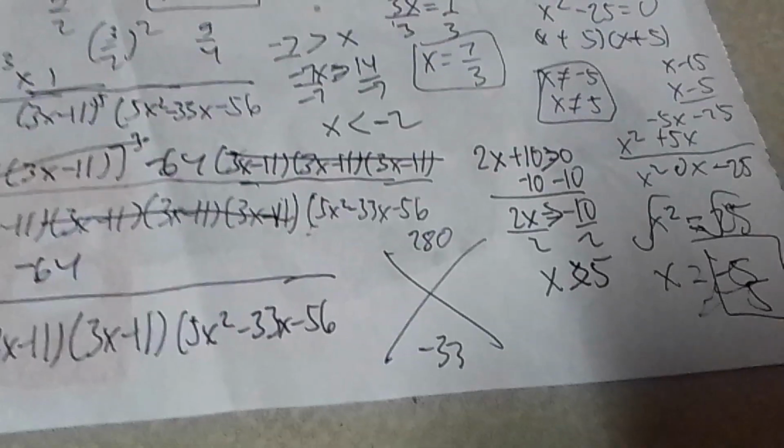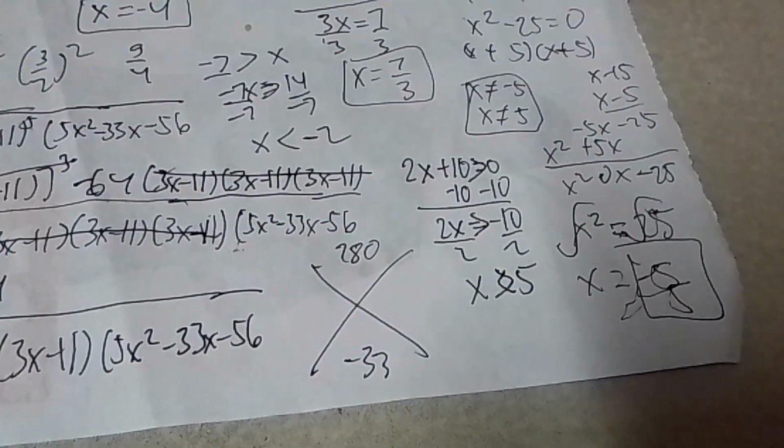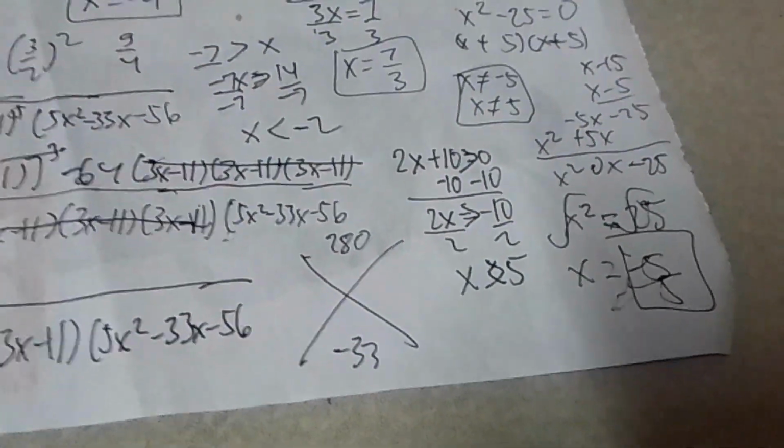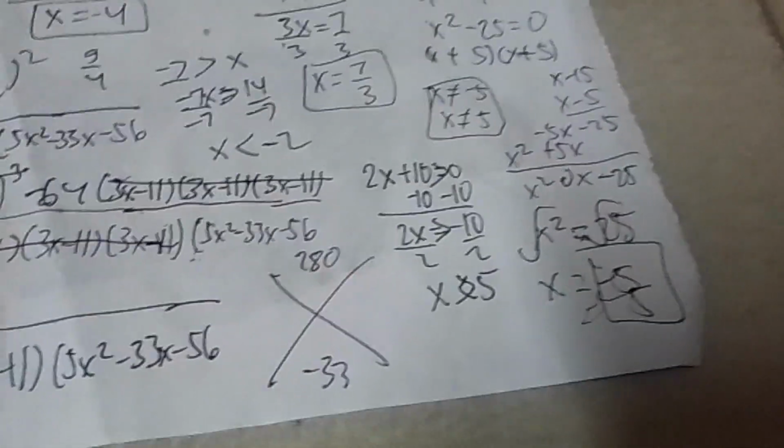So how about let's try 14 and 10. 14 and 20. Nope, that's not it. First, let's hit on all the possible values of 280.